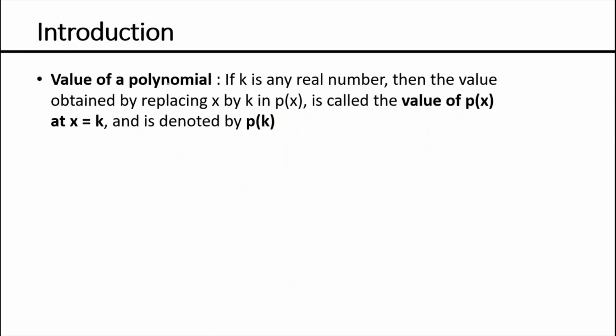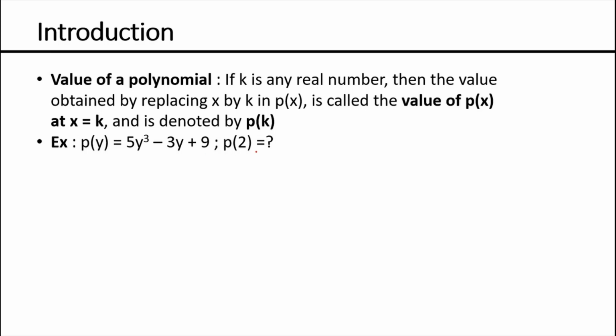The next topic which we are going to learn is the value of a polynomial. If we replace the variable x by a real number k, we will get the value of polynomial p(x) at x equal to k. We'll try to understand this better by taking one example. Let's say p(y) is a polynomial in variable y, given as 5y cube minus 3y plus 9.